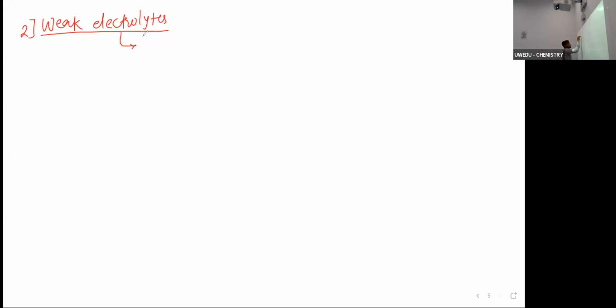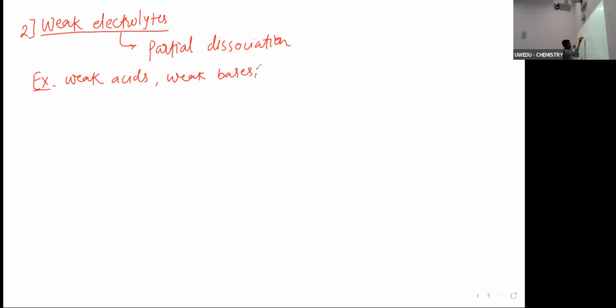So partial dissociation. And the examples are weak acids, weak bases, etc. Weak acids and weak bases.